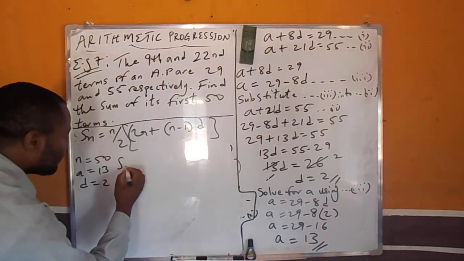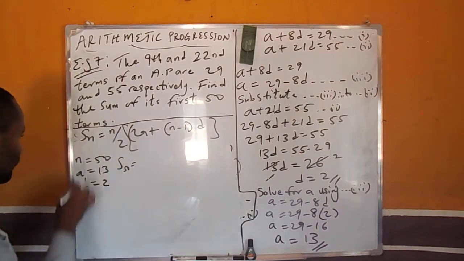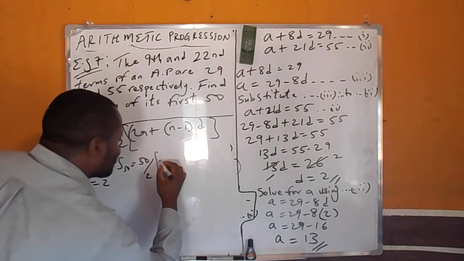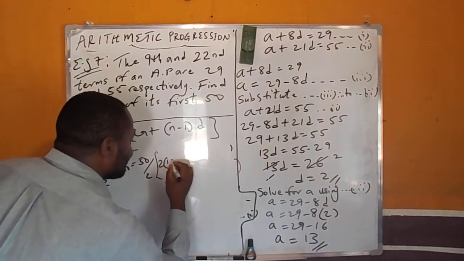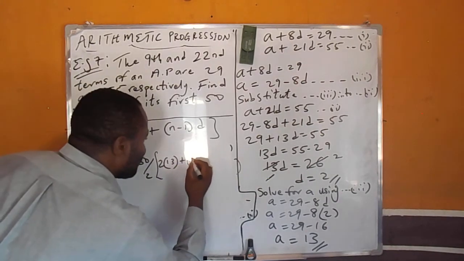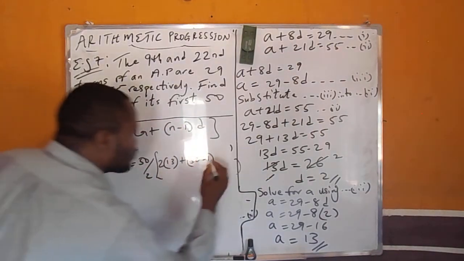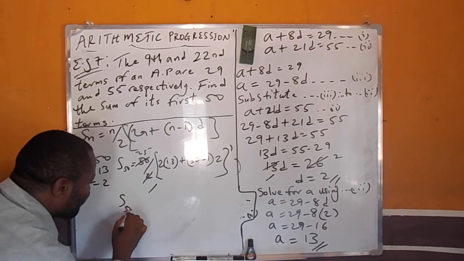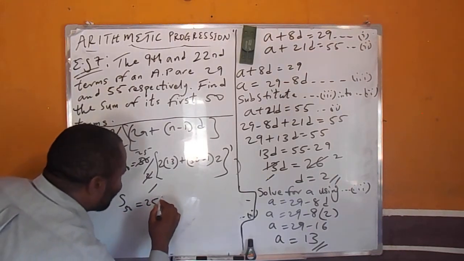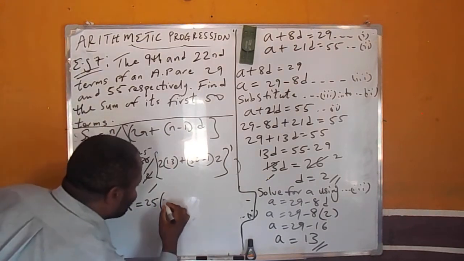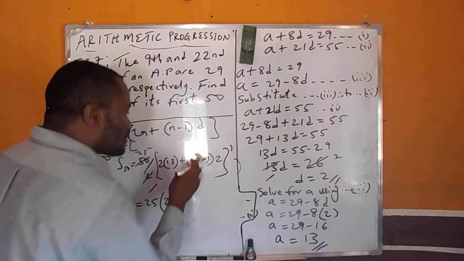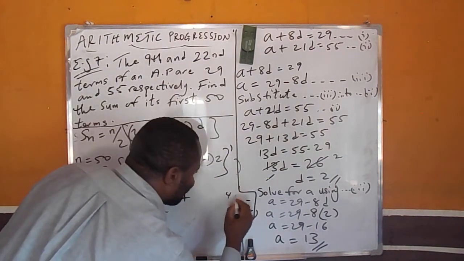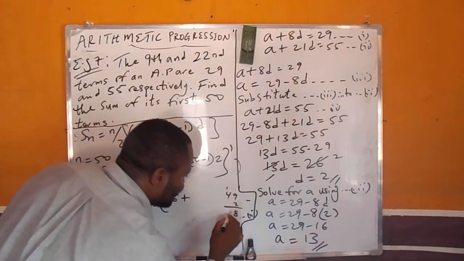Now S50 equals 50 divided by 2 times (2 times 13 plus (50 minus 1) times 2). 2 into 50 is 25. So S50 equals 25 times (26 plus 49 times 2). 49 times 2 is 98.